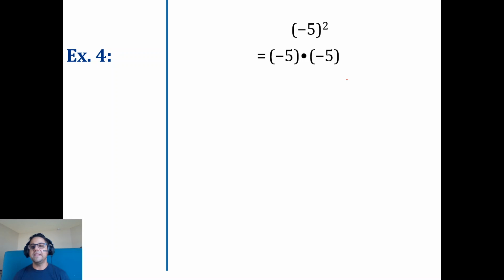Now, technically, I don't need that little dot there because I already have my parentheses. Using my integer rules for multiplication, I've got same signs. Negative multiplied by a negative is a positive 25. And I don't really have to worry about putting MM there because I already got some work, so it looks pretty good.